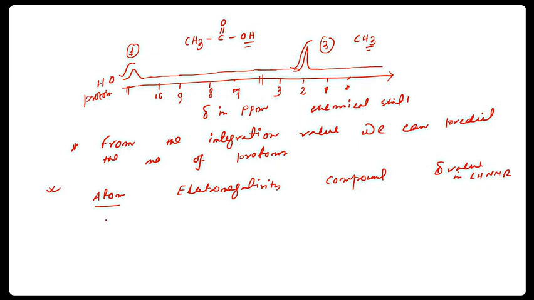Let's say it's lithium. We need not memorize the value, but just for our example, we see its electronegativity is 1. So this is a highly electropositive element. We will have a huge negative environment here. As a result, this will shift to a low ppm value.